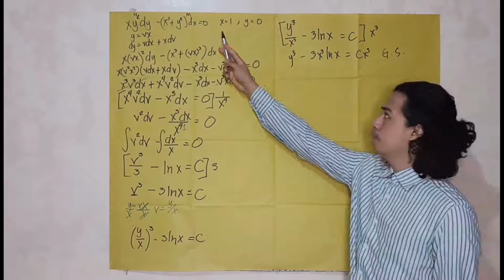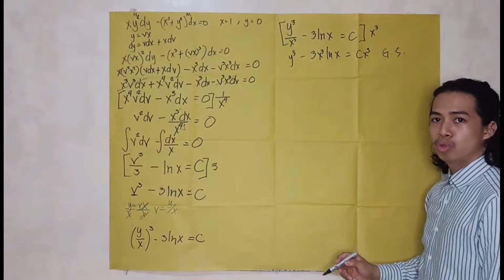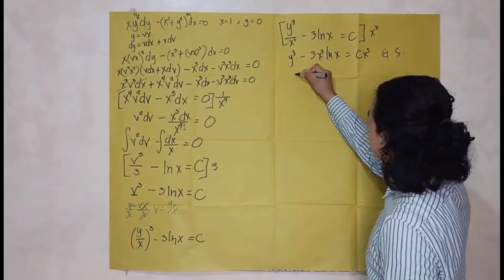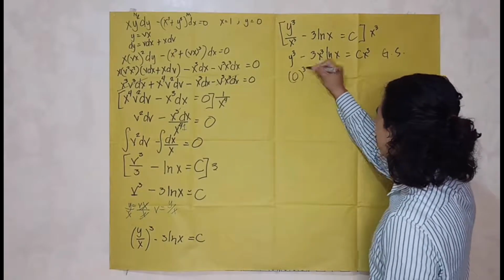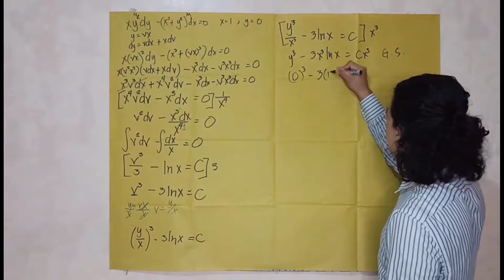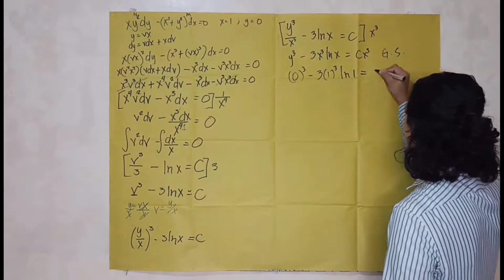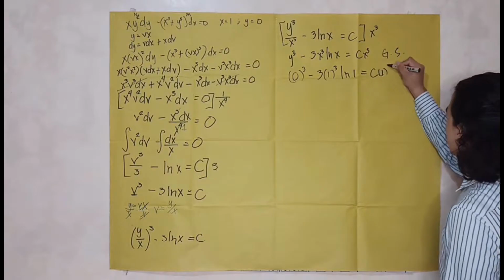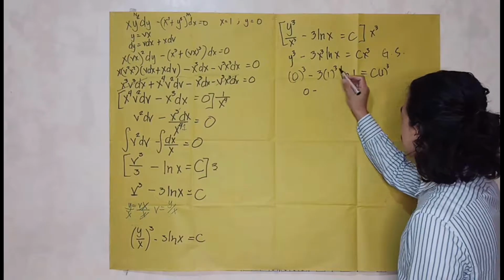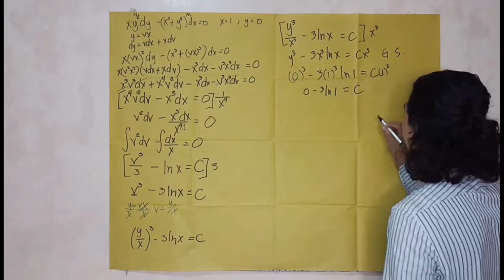And we need to substitute x equals to 1 and y equals to 0 to get the particular solution. So we have 0 cube minus 3 times 1 cube ln of 1 is equals to c times 1 cube. Simplifying, 0 minus 3 ln 1 is equals to c.